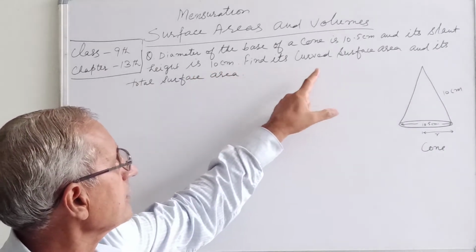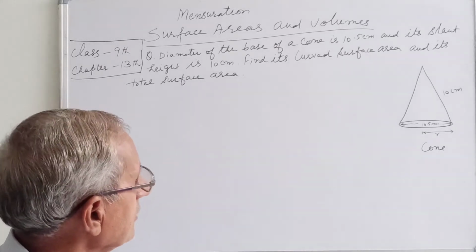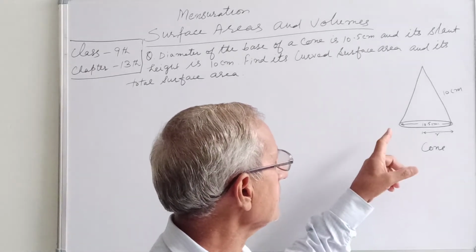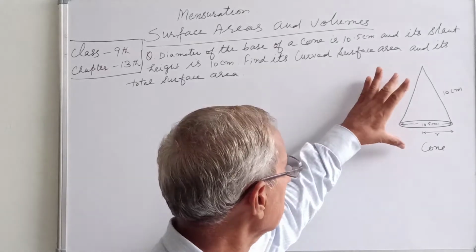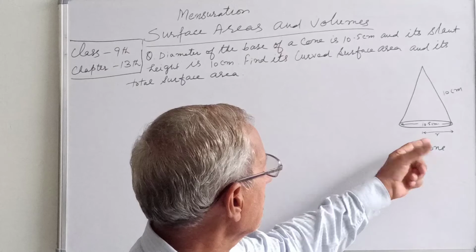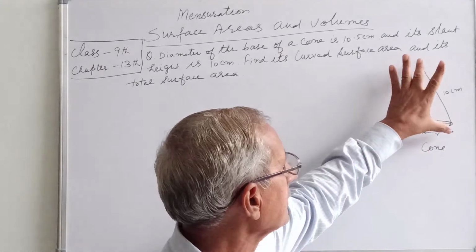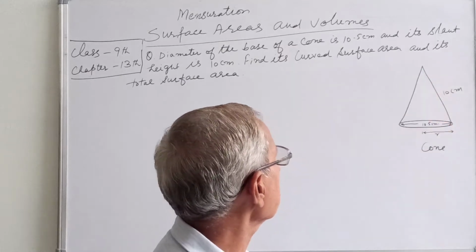Find its curved surface area and its total surface area. So today's question is with the cone, of diameter 10.5 centimeter, whereas the slant height is 10 centimeters.